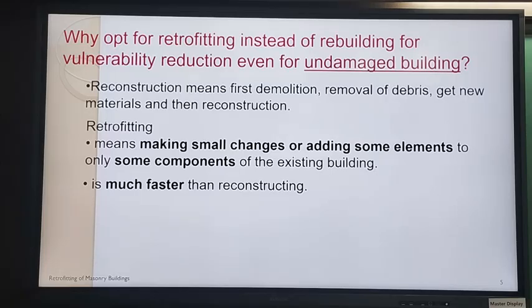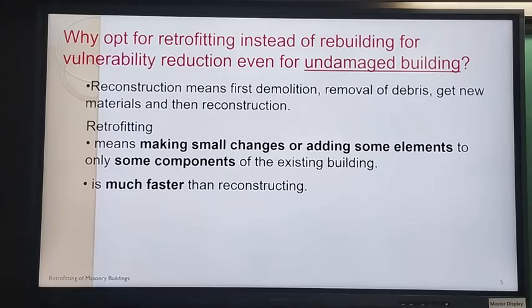Now, if this hospital were to be demolished and rebuilt, it would easily take 5 years. Because demolition may not take time, but getting money to rebuild it would take time. All right? And we were able to retrofit that within 2 months. So one can see the difference, and we did it while the hospital was functional.